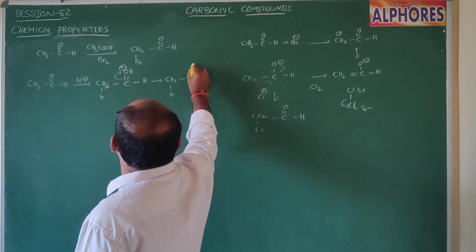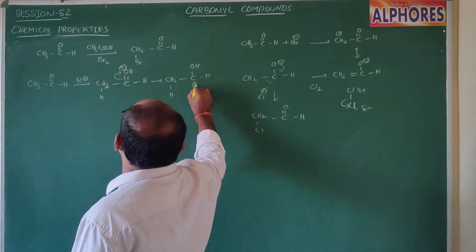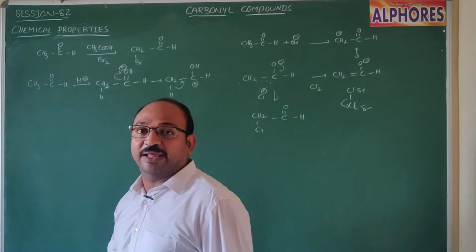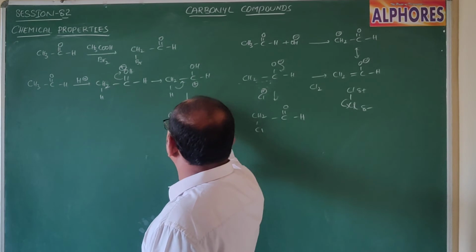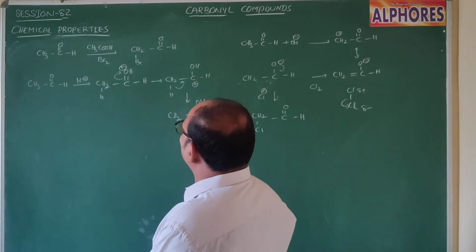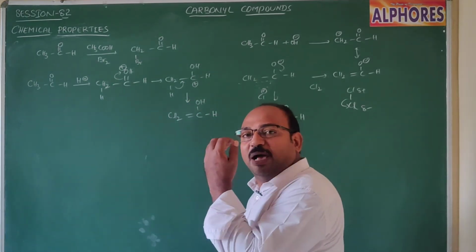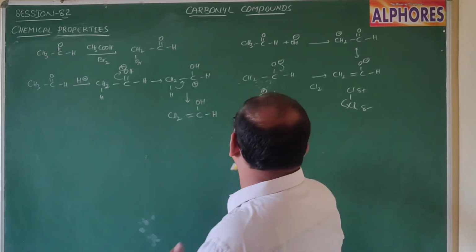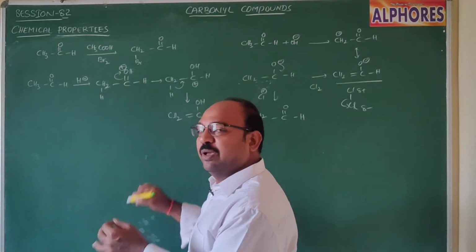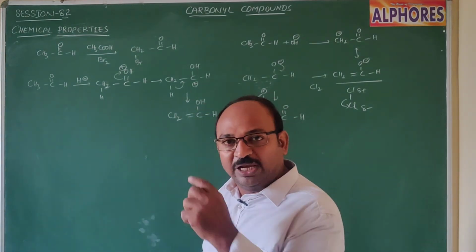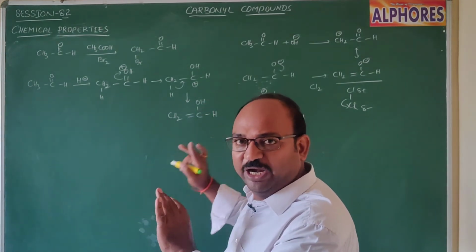Then we are getting C OH H plus. Now we are getting the enol, CH2 double bond C OH H. Whether in base medium or in acid medium, in case of base medium it is the enolate ion, or in case of acid medium the enol. Formation of enol and enolate, that is the only difference.